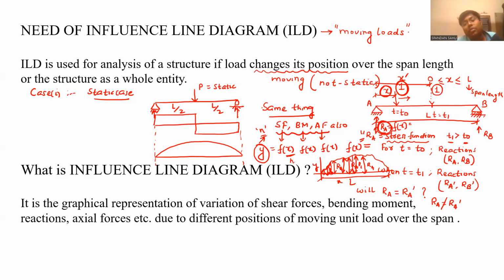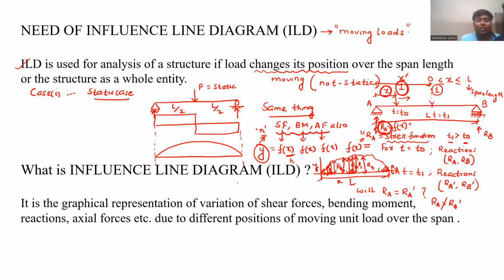At x equal to L by 4, the RA value is this, and at x equal to L, your RA value is this. So when you join all those points, you will get the ILD for that stress function, which varies with external load variation over the span. So this statement states that.